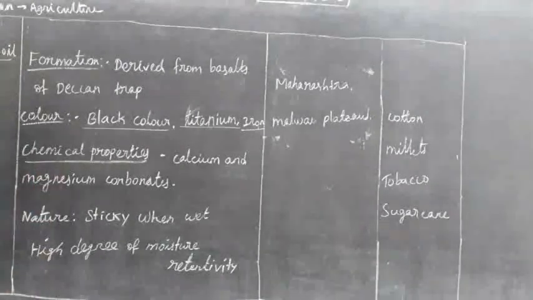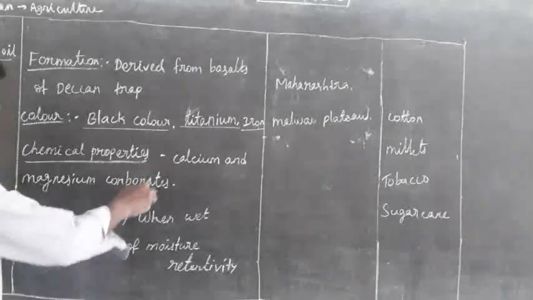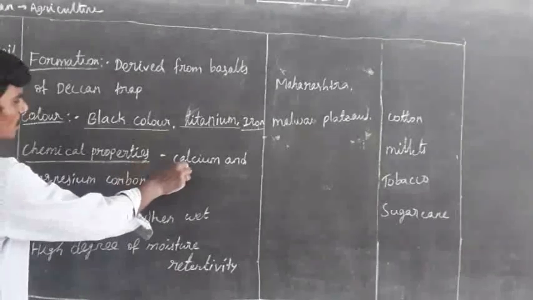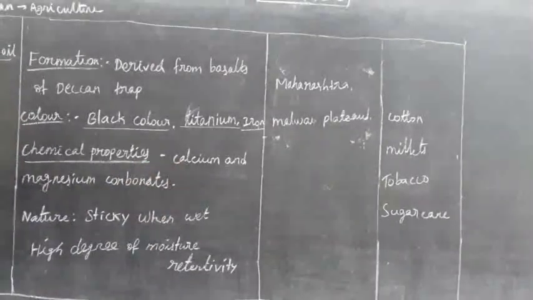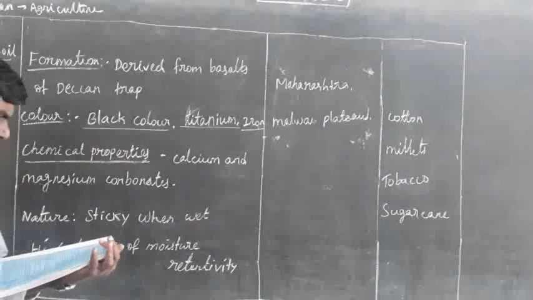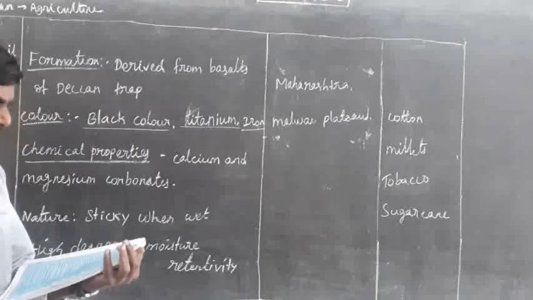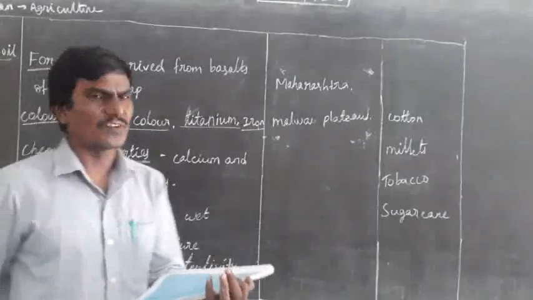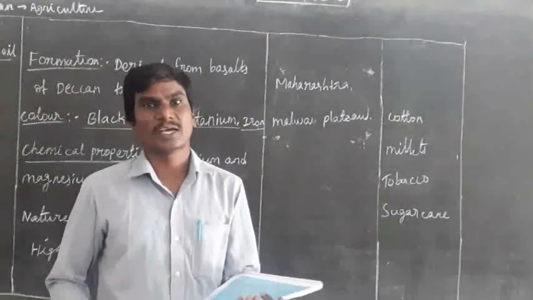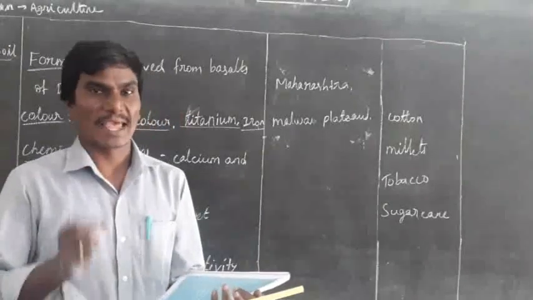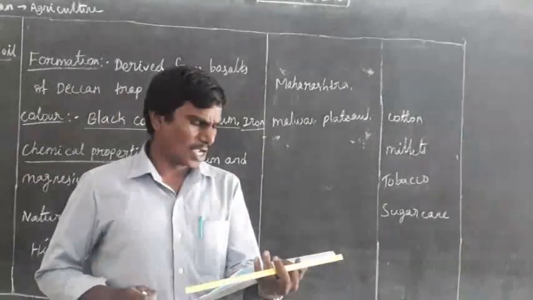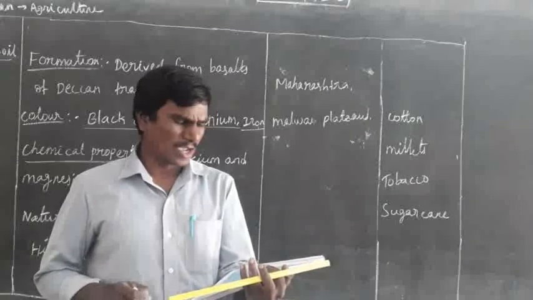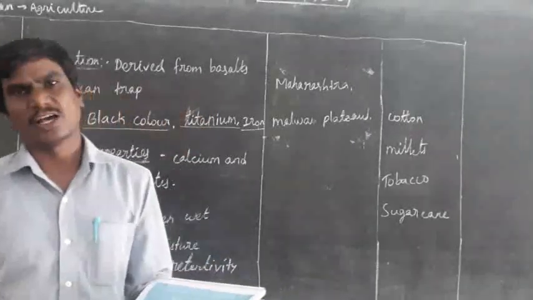Chemical properties for the black soil: calcium and magnesium carbonates, high quantities of iron found in the black soils, and aluminium, lime and magnesia.